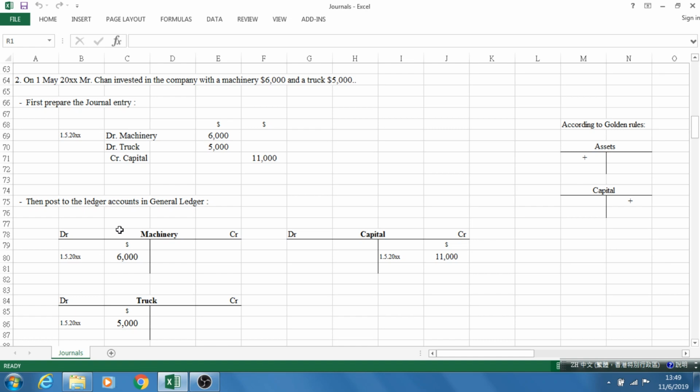Debit machinery 6,000, debit truck 5,000, credit capital 11,000. This journal involves more than 2 accounts. Amount entered as debit should be equal to amount entered as credit.